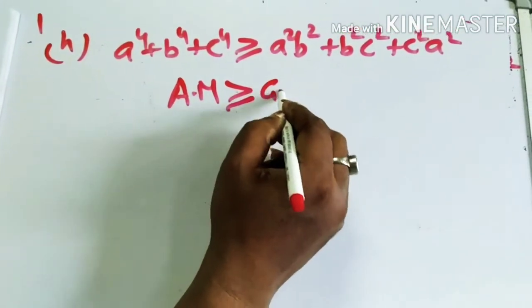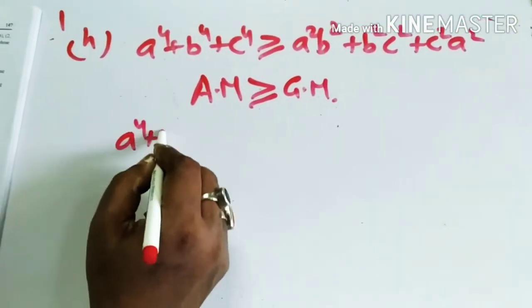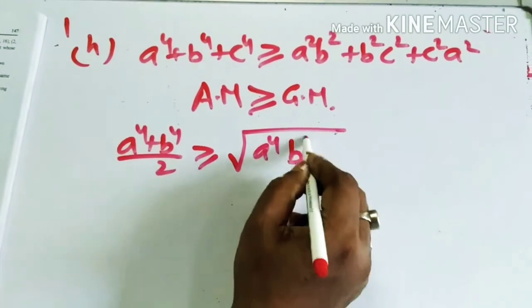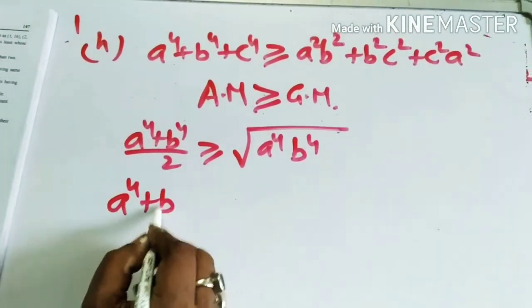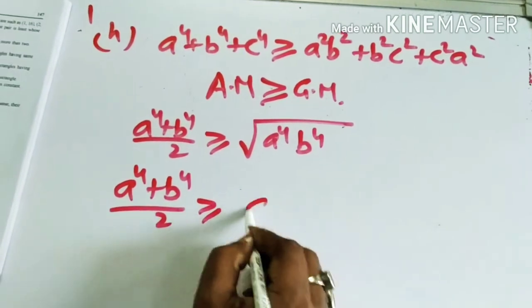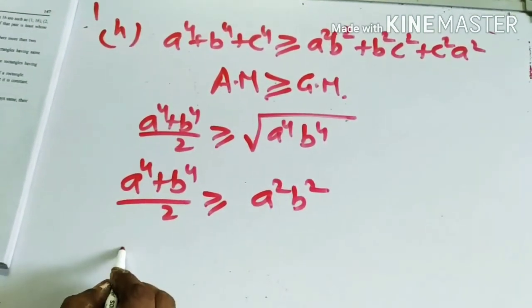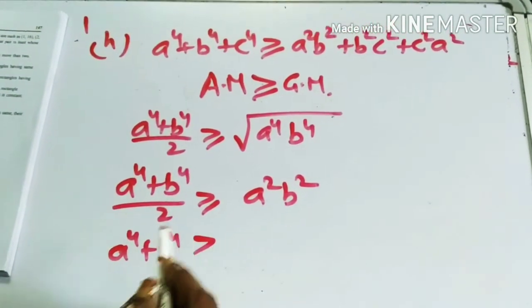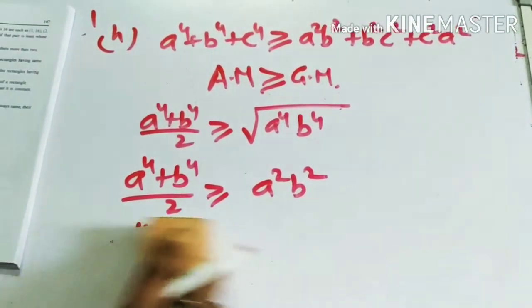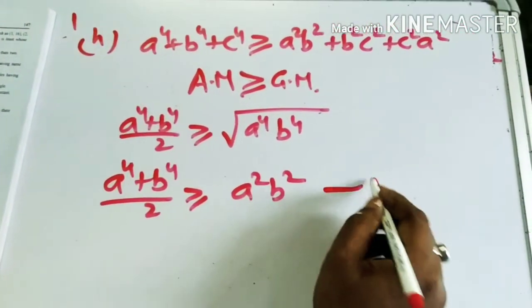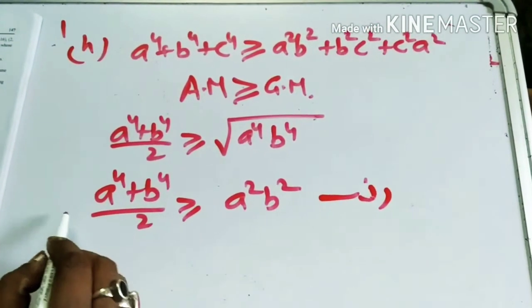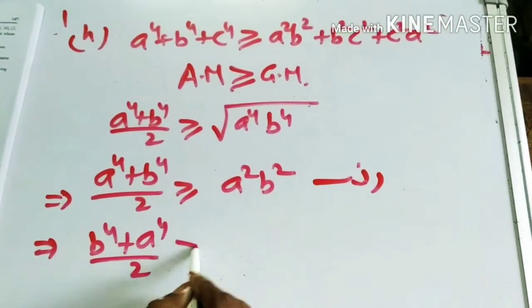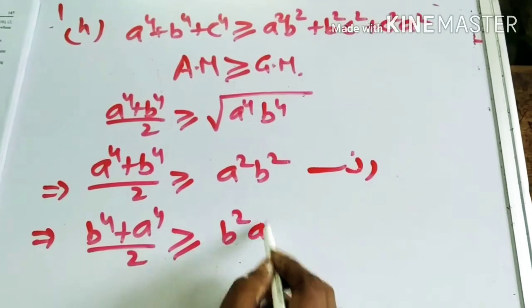So (a⁴ + b⁴)/2 ≥ √(a⁴b⁴), so (a⁴ + b⁴)/2 ≥ a²b². So a⁴ + b⁴ ≥ 2a²b². This will be equation 1. Similarly, I can write (b⁴ + c⁴)/2 ≥ b²c².